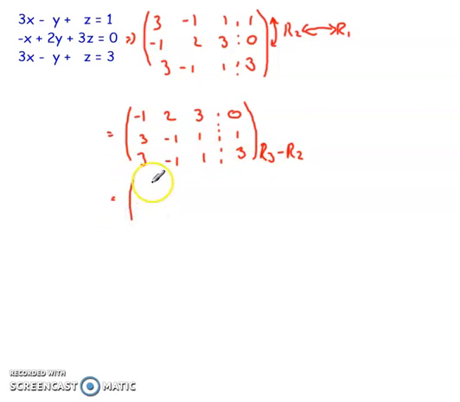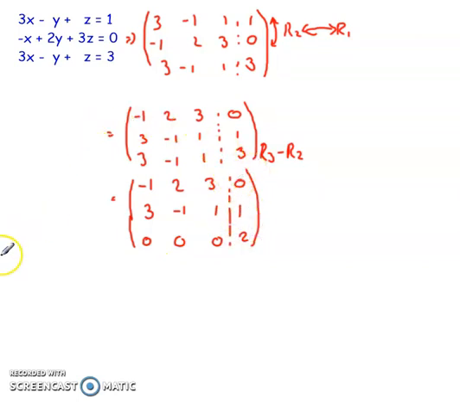I'd have -1, 2, 3, 0, then 3, -1, 1, 1, and what I'd then have for the third row is 0, 0, 0, 2. So I've got this augmented matrix to a point where I can look at the system of equations and interpret them.